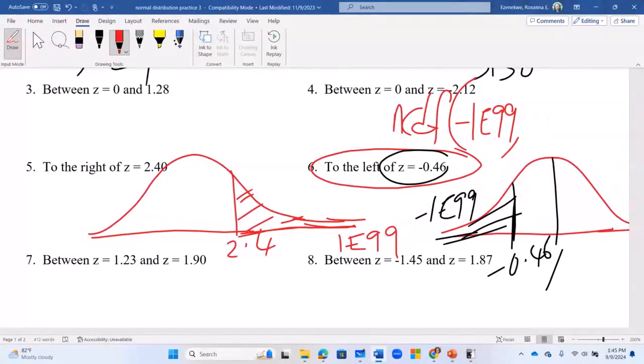Upper bound is negative 0.46. The mean of a standard normal is 0, and the standard deviation of a standard normal is 1. So I'm going to calculate.